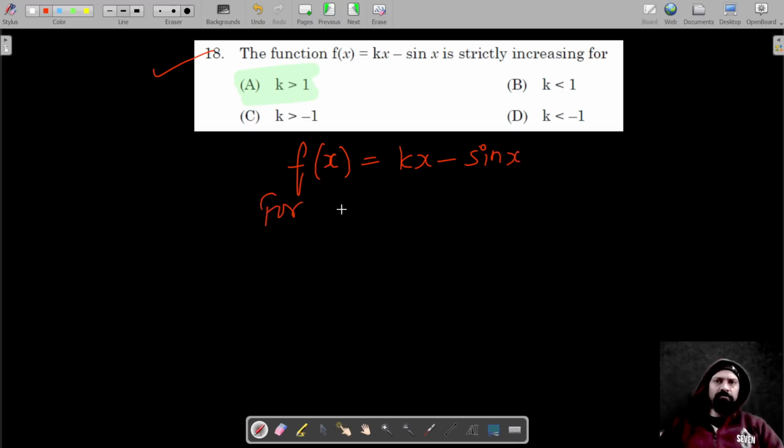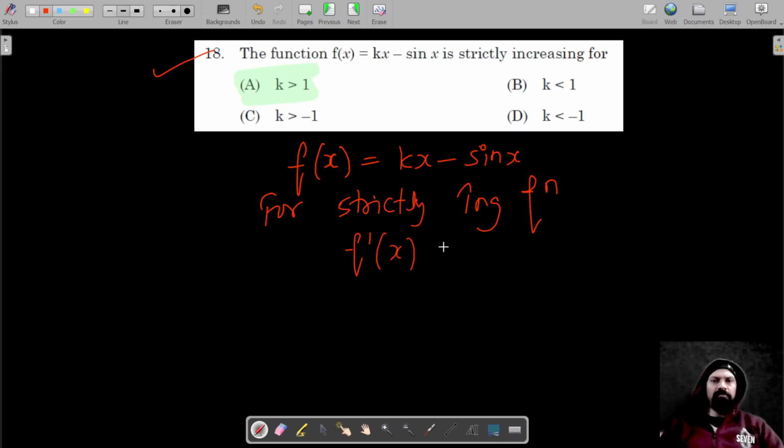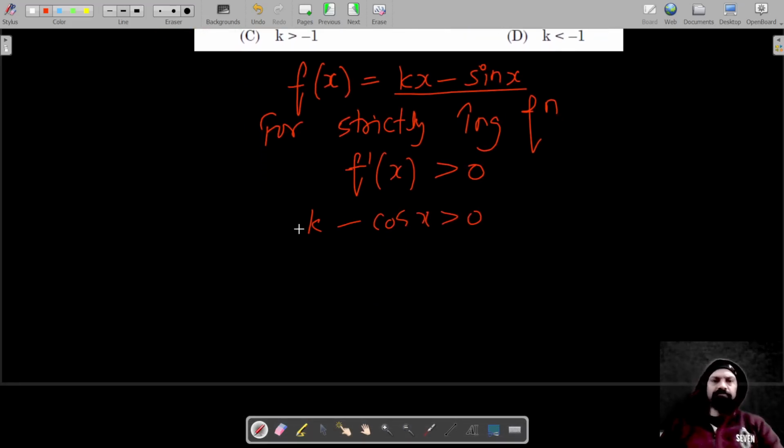Now, we know that for a strictly increasing function, f'(x) should be greater than 0. Now, f'(x), the differentiation of this, is k minus cos x, which is greater than 0. So this k minus cos x is greater than 0 when k is greater than cos x.